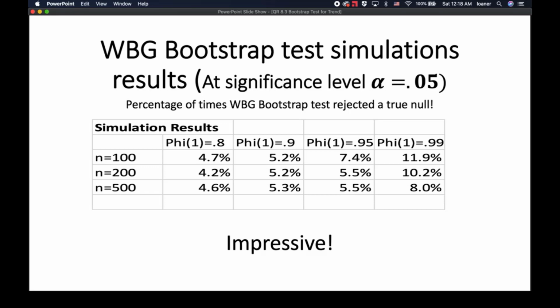Phi1 of 0.95, 7.4, 5.5, 5.5, and at phi1 of 0.99, a little higher than 5, but not bad, and way better than anything we've seen before. So this is a quite impressive result and research discovery by Woodward, Bartone, and Gray, and that is why we recommend this procedure in order to test for linear trend.